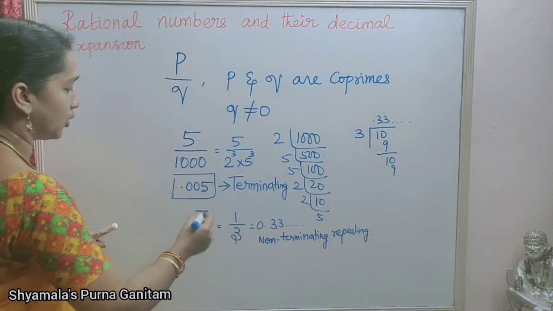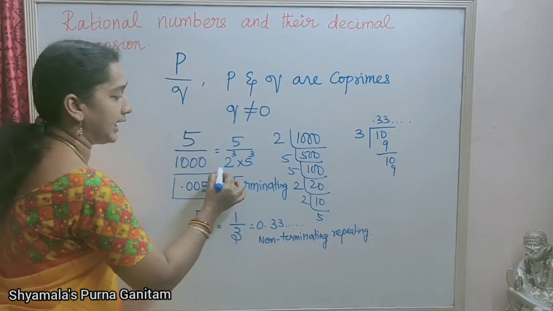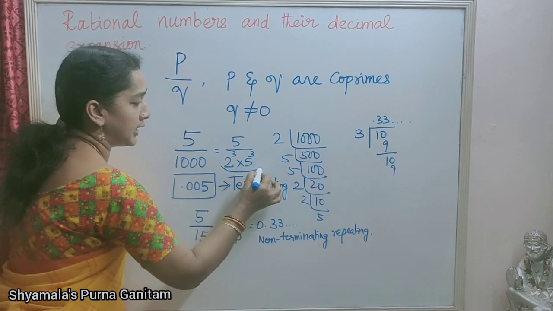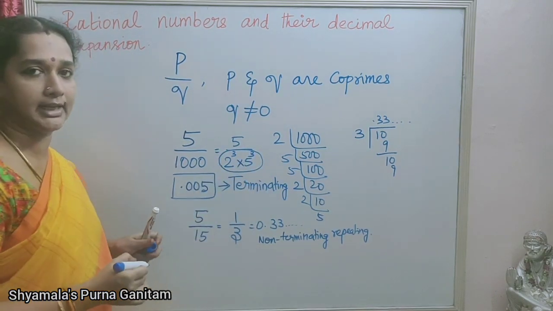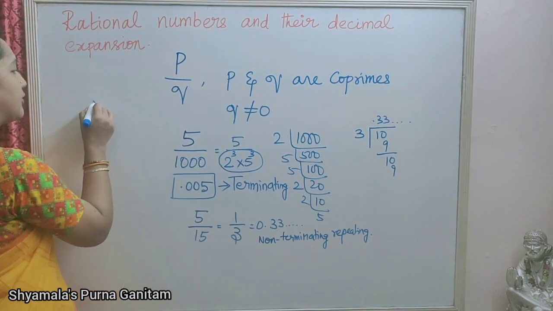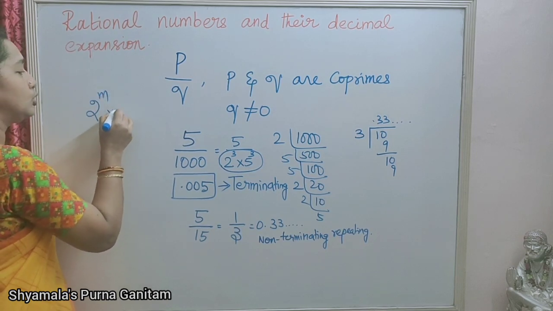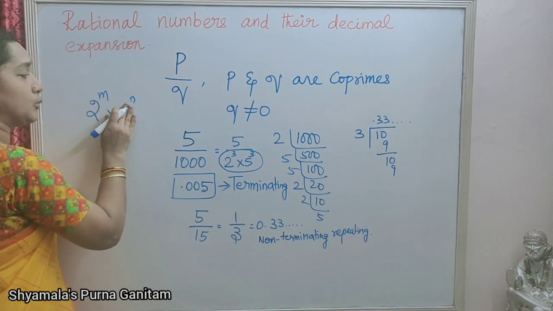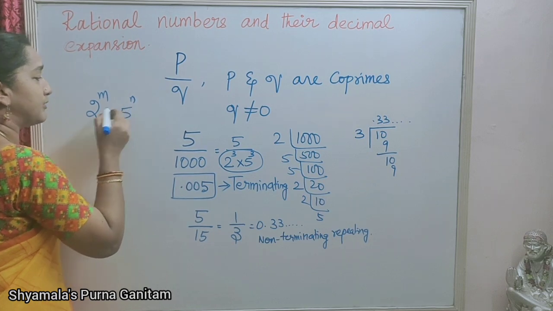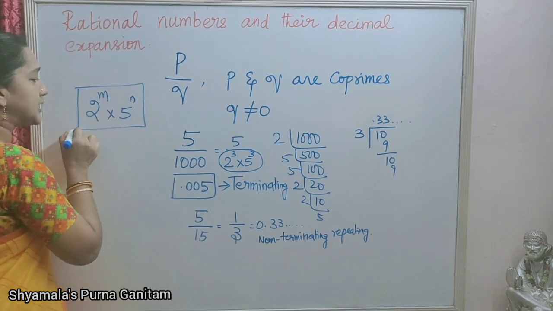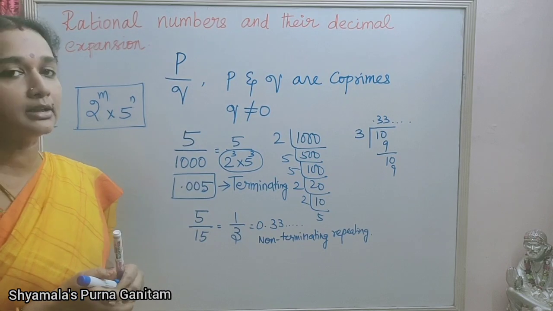Okay, then in general we can say if you have the q value, that is the denominator, as 2 power m into 5 power n, those decimal expansions will be terminating.